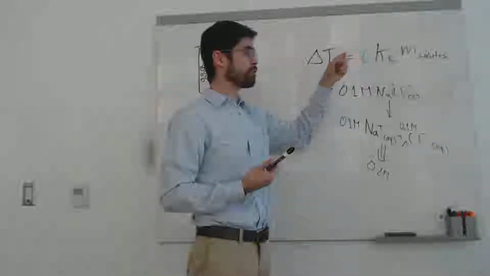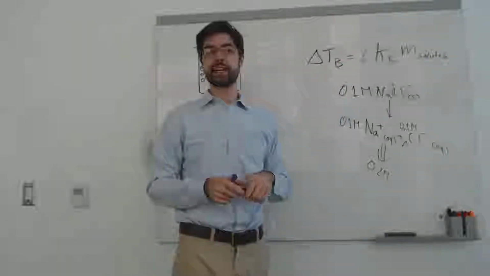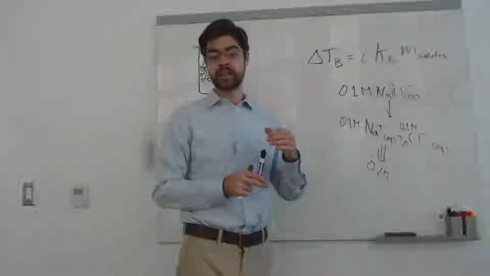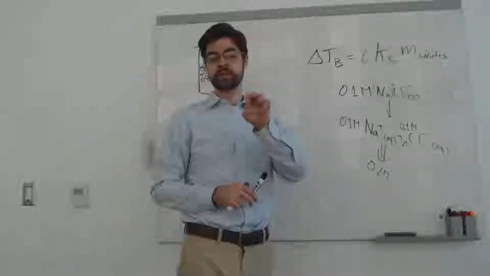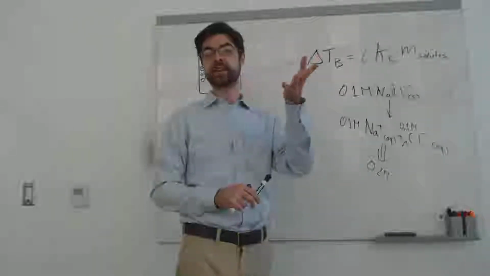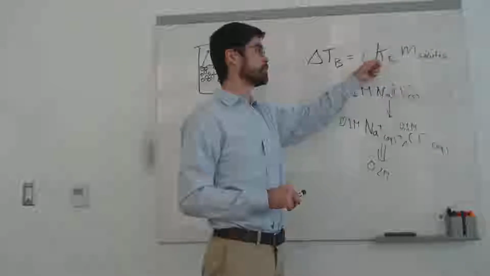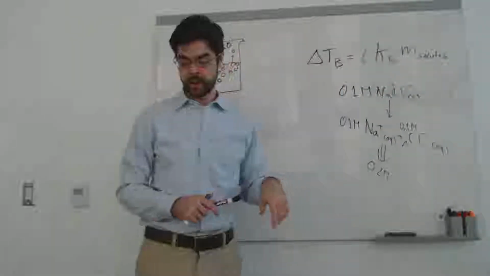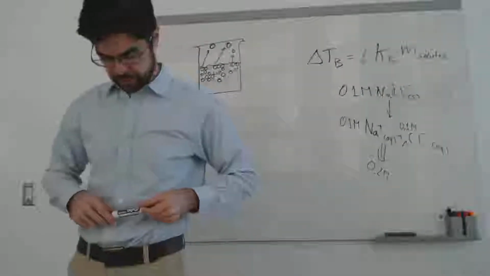So the Van't Hoff factor gives you a measure of how much they dissociate. Do they dissociate into 2 parts, into 3 parts? If they dissociate into 3 parts, then the effective concentration of solutes is going to be 3 times higher than what you might predict.